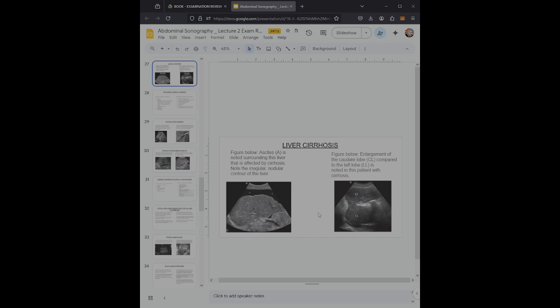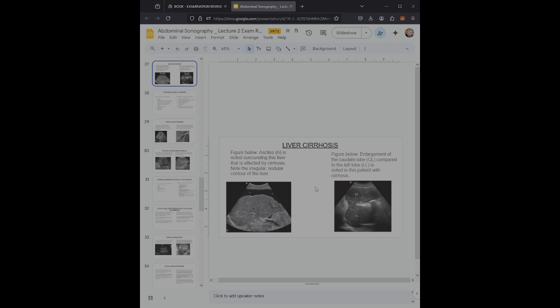So larger nodules may be readily seen when ascites surrounds the liver, and if ascites is not present, then a high-frequency linear transducer can be used to analyze the liver surface for any evidence of these surface nodularities.